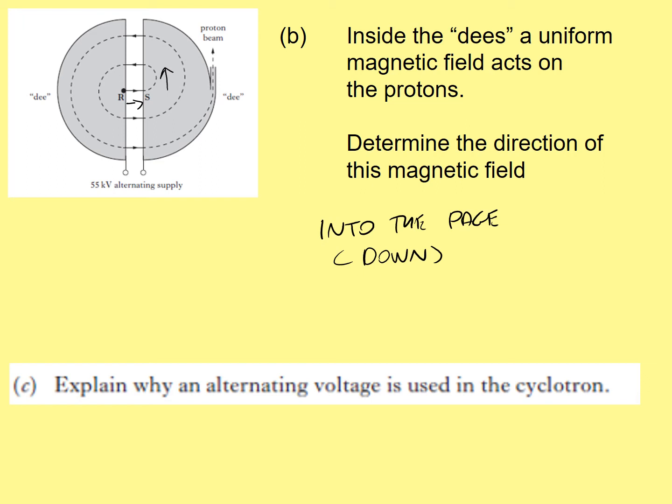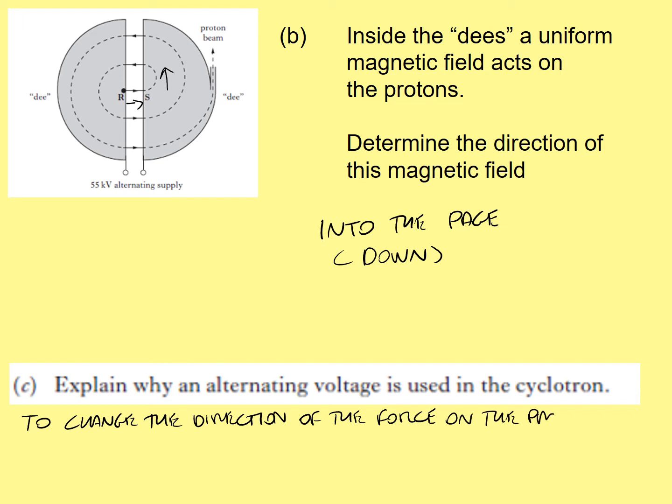So an AC voltage is used in order to change the direction of the force on the protons across the gap.